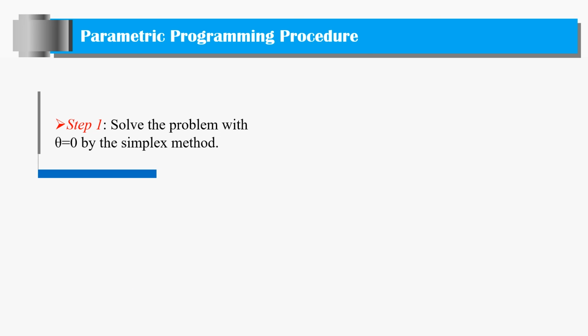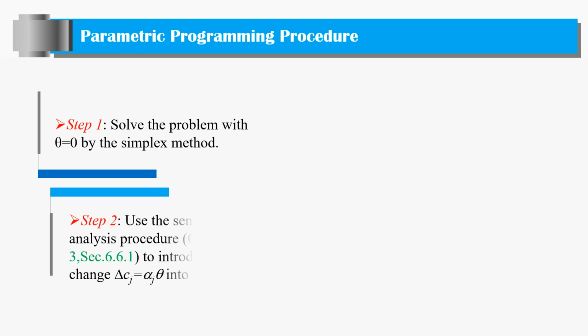So to summarize the procedure for parametric programming, we say that step 1, we solve the problem with theta equals 0 by the simplex method as usual. And step 2, use the sensitivity analysis procedure as we saw in section 6.6.1, case 2 and 3, to introduce the change delta Cj as alpha j theta into our equation 0.